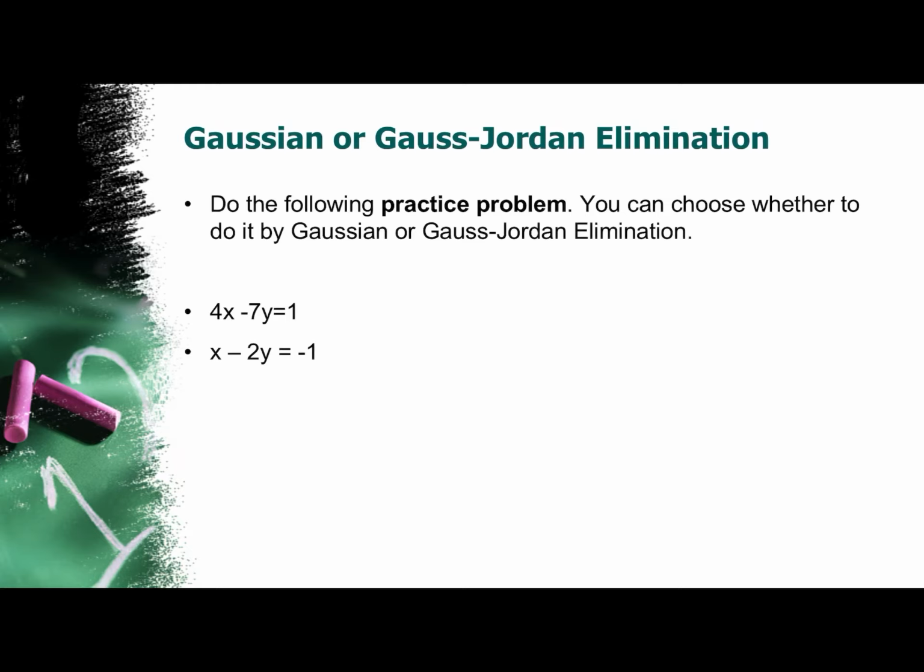Okay, here's your last thing. This is a practice problem. It's just a small one. But pause the video and see if you can solve this using the Gauss-Jordan method. If you get stuck, start it back up, and I'll try to give you a hint first before I tell you the actual answers.